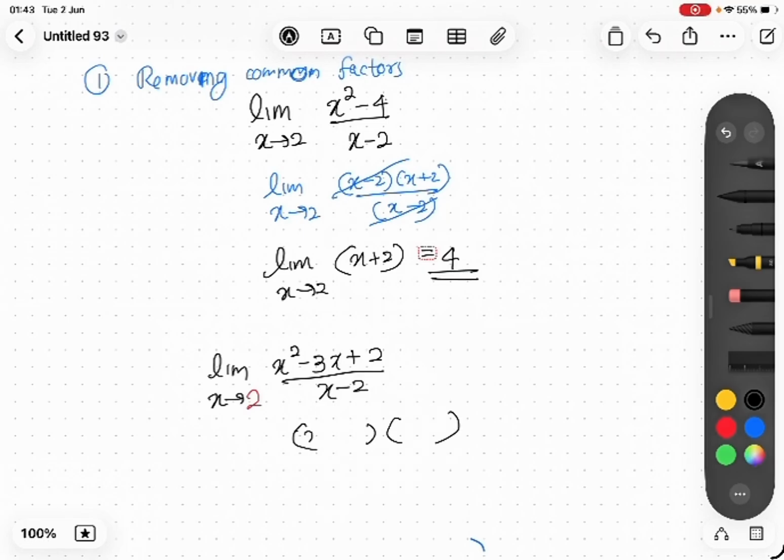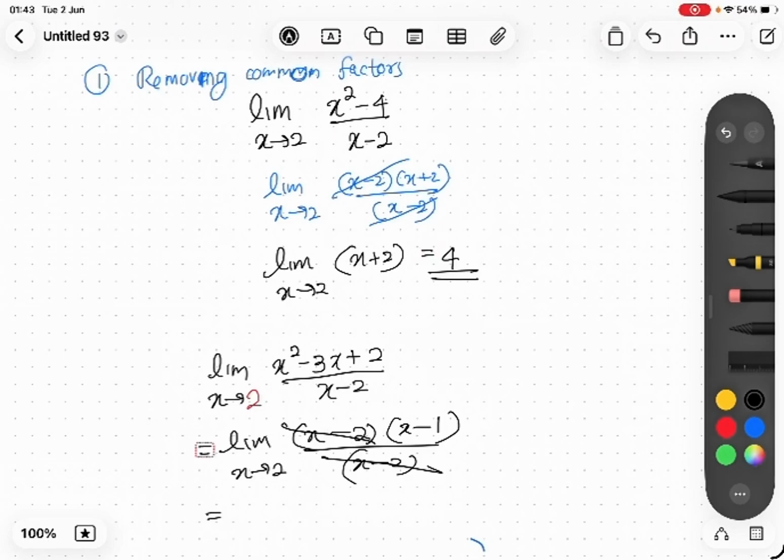So this is (x minus 2)(x minus 1) over (x minus 2), limit when x tends to 2. These common factors get cancelled. Now this is just the limit of x minus 1 when x tends to 2. So we can directly substitute and get the answer.